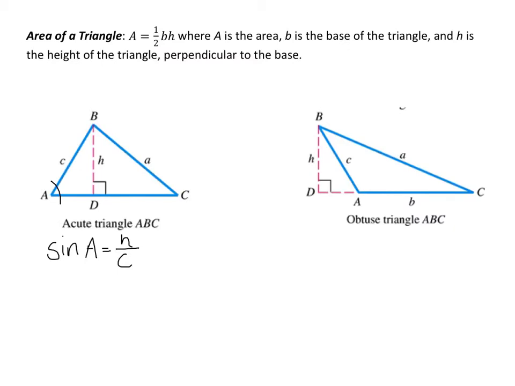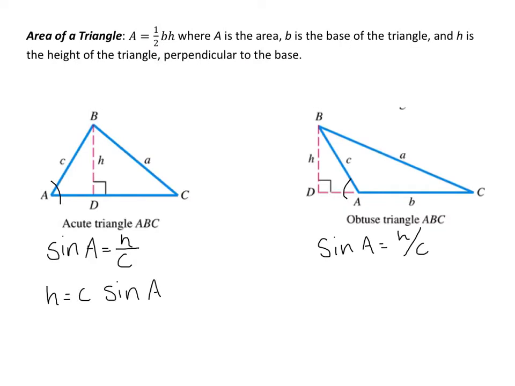For this one, we could say the sine of A is also opposite over hypotenuse. And if I solve for H, I would find that it's C times the sine of A.